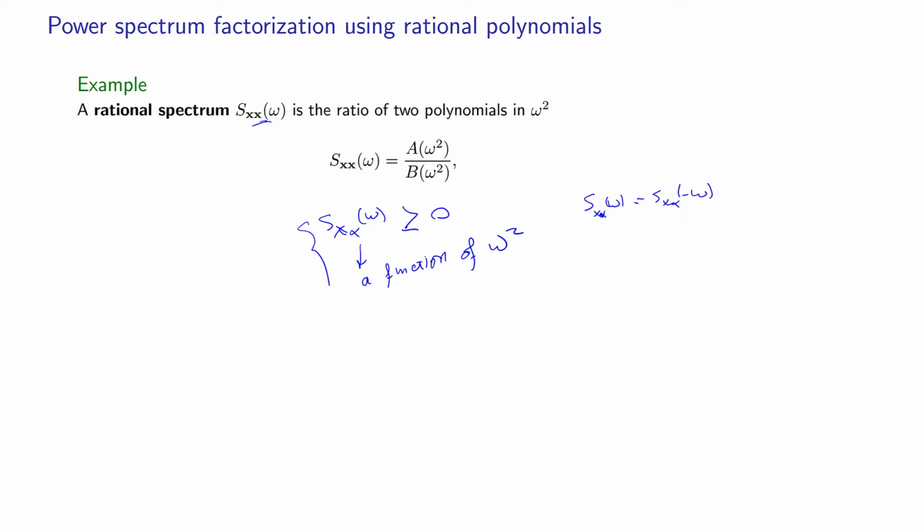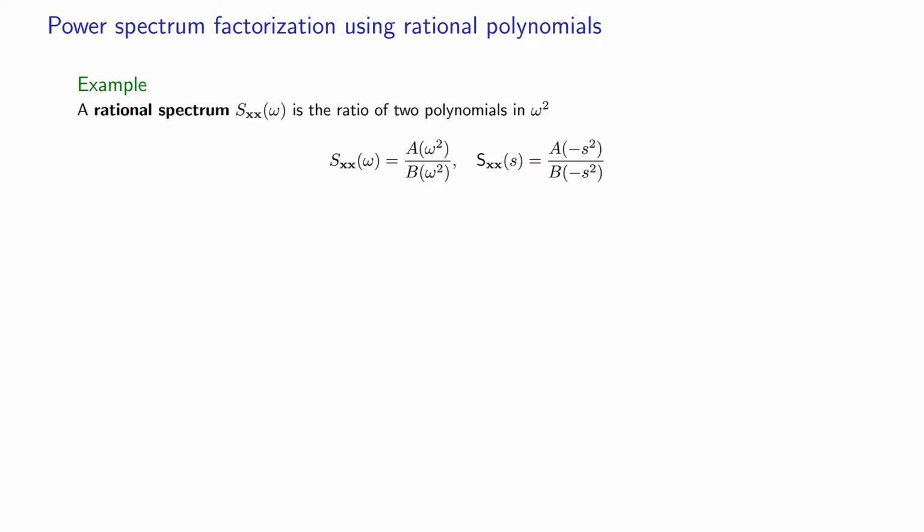So if you write it in Laplace domain, we said that omega squared can be substituted by minus S squared. So the power spectral density in Laplace domain can be written in this term.